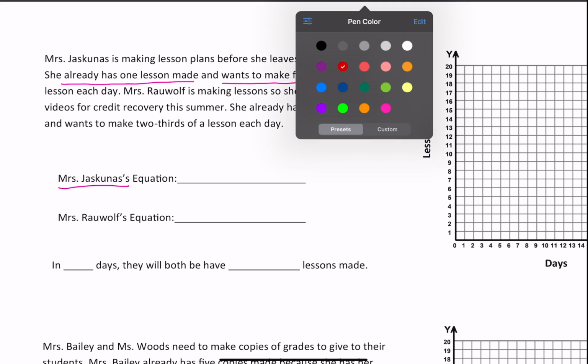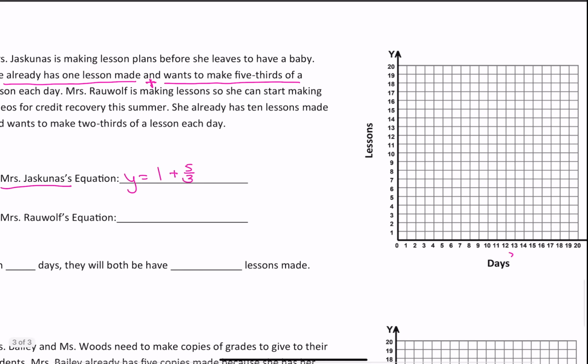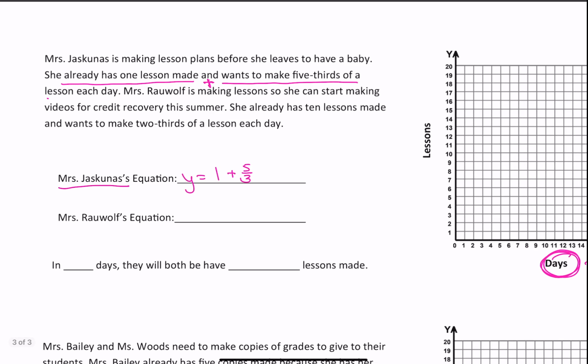So when I write my equation, we have y equals, she's already got 1 and wants to make 5/3 each day. This "and" means plus. Now, which one gets the variable? Well, see how we say days on the x-axis? And that says each day after 5/3. So there goes my variable.